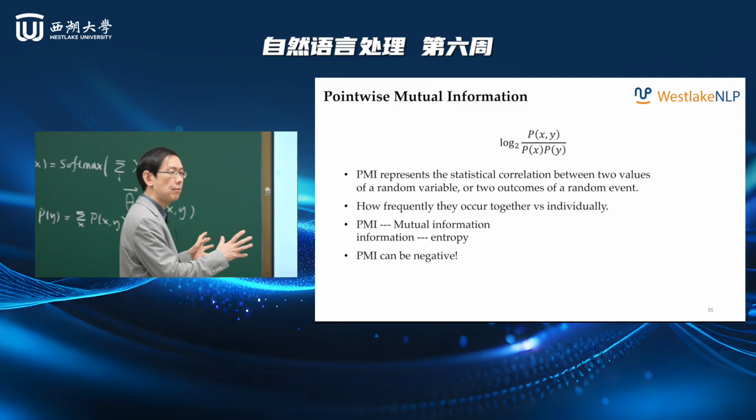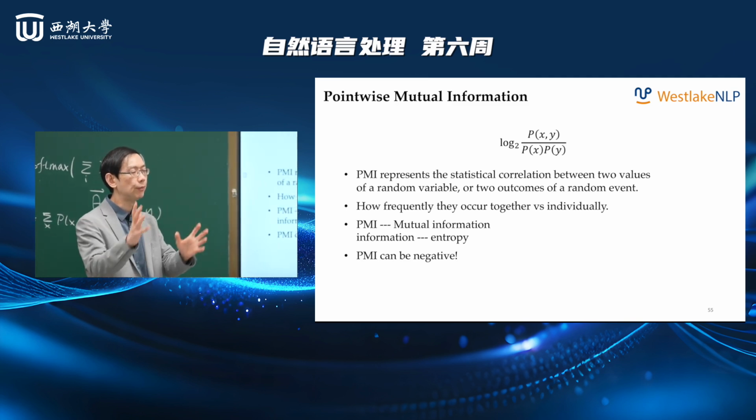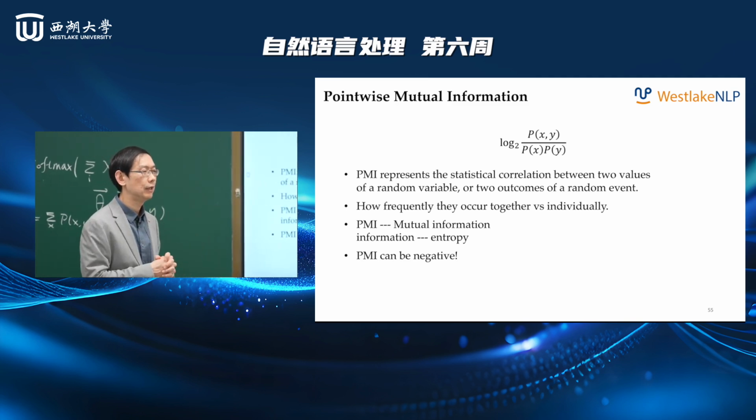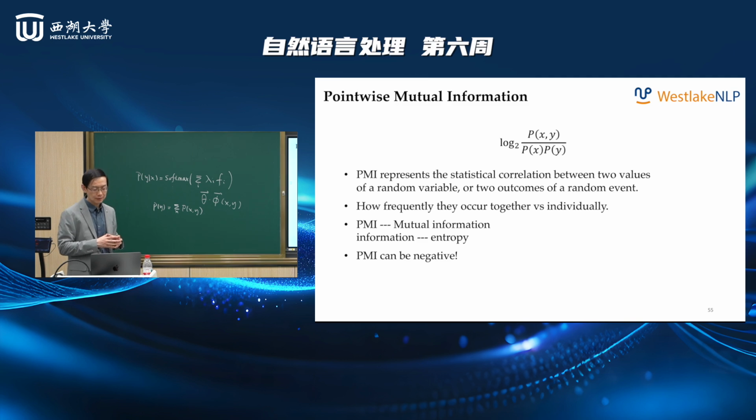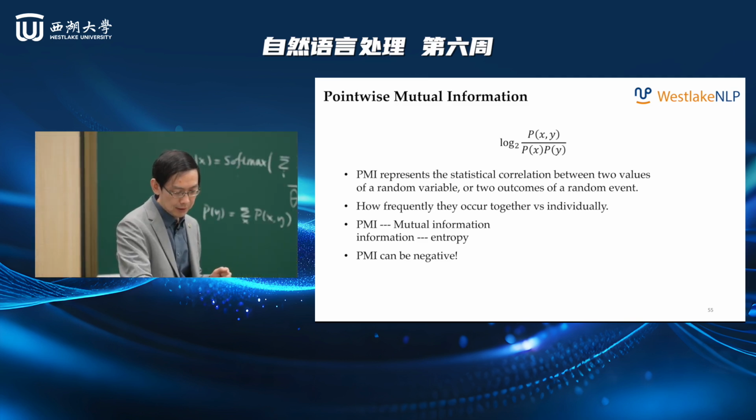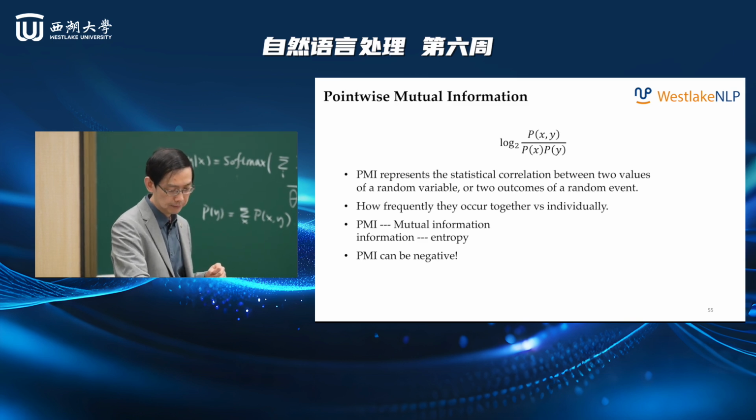Entropy is the mathematical expectation of information, right? And mutual information is the mathematical expectation of pointwise mutual information. All right. So as a result, the information about one random variable is also called self-information, just to differentiate it from pointwise mutual information.